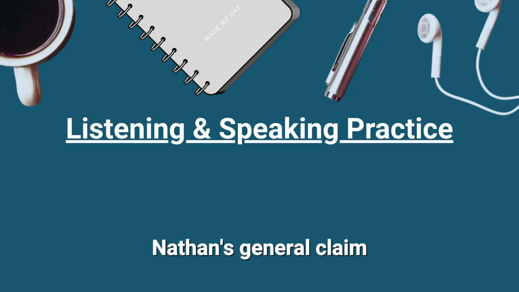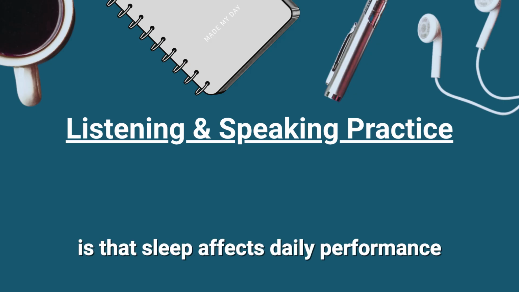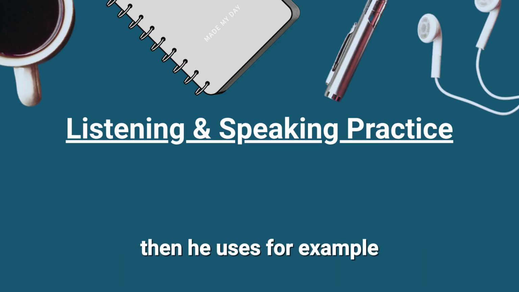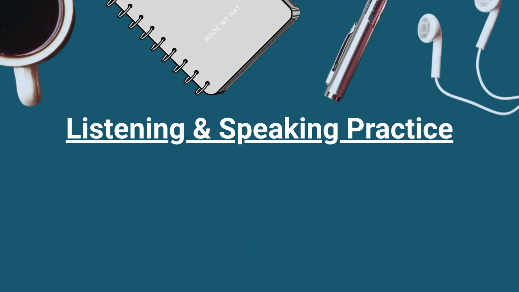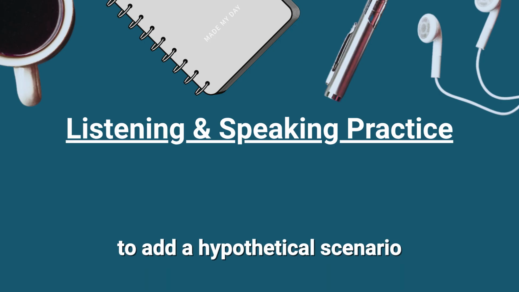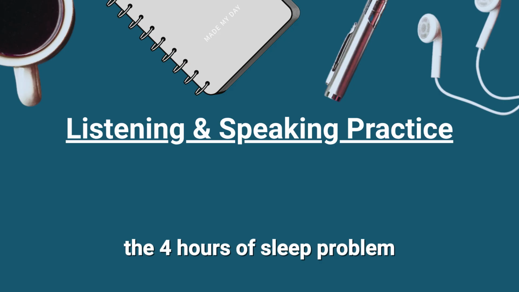Nathan's general claim is that sleep affects daily performance. He signals he's expanding on this with, "I'm talking about." Then he uses, "for example," to introduce research evidence. Then he uses, "to illustrate this even further," to add a hypothetical scenario, the 4 hours of sleep problem.